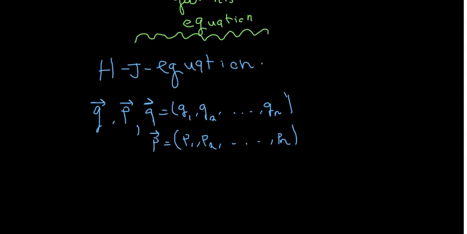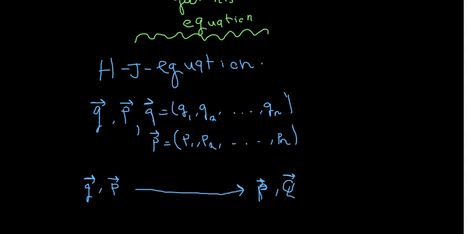Sometimes we want to transform from those canonical variables to some new canonical variables which are gonna make our dynamical problem a lot easier to deal with. In which sense? In the sense that they're gonna make the new Hamiltonian a lot easier to deal with, as we're gonna see in a moment. So sometimes we want to transform from those variables, the vector q and the vector p, to some new canonical variables, capital P and capital Q, right?